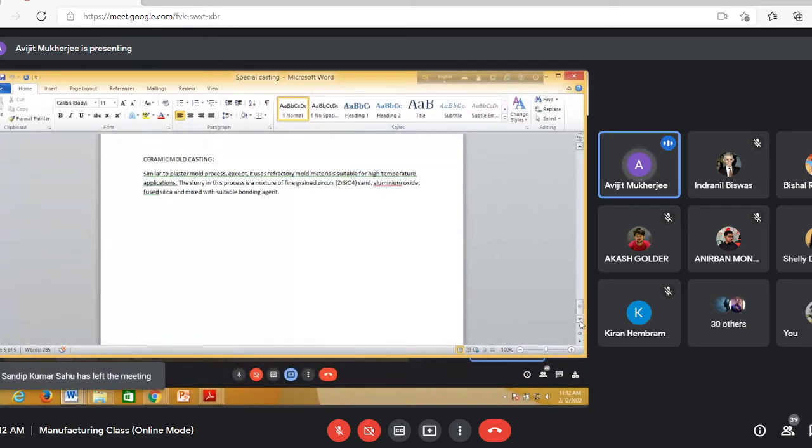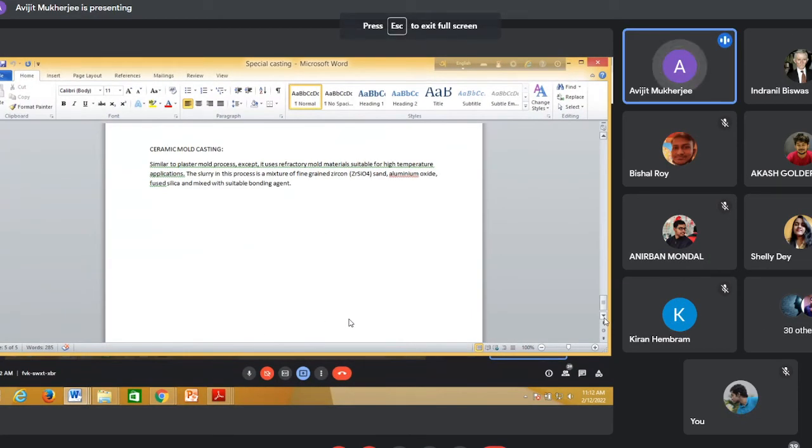Besides plaster of Paris molding and ceramic molding, there is shell molding, and the lost wax process is also there. All these are precision or investment casting processes, special casting processes. Another important casting process is carbon dioxide molding.